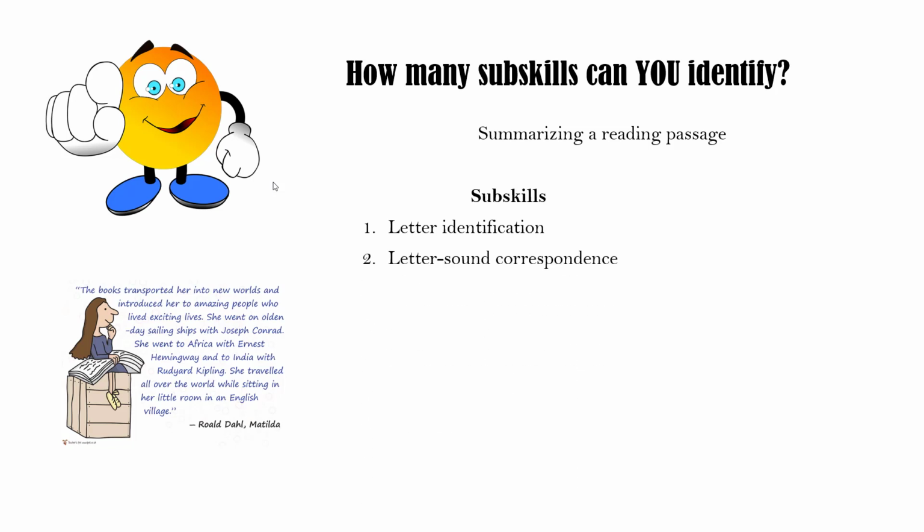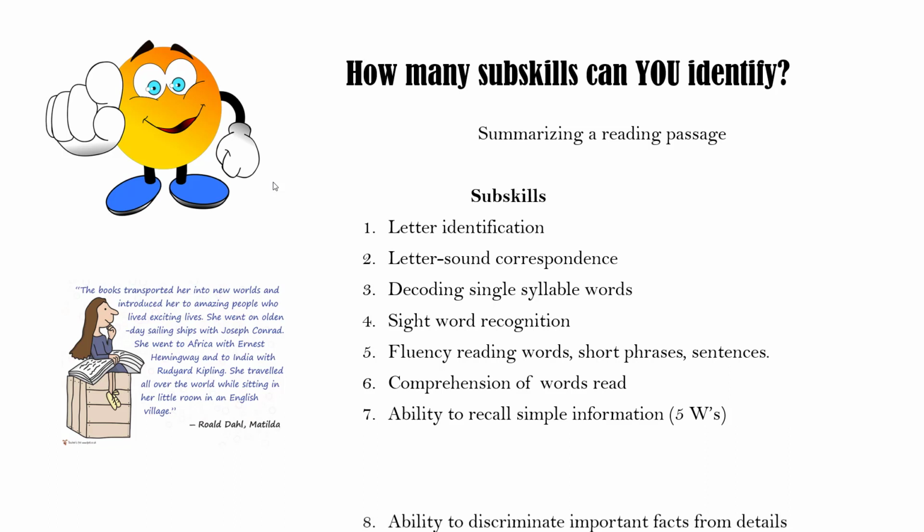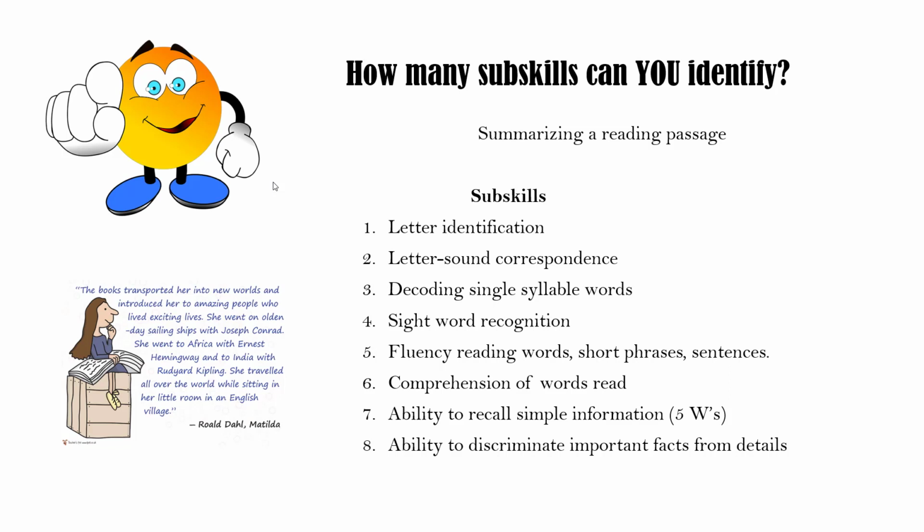Letter identification, letter sound correspondence, decoding single syllable words, sight word recognition, fluency reading, comprehension of words read, ability to recall information, the 5 W's, who, what, when, where, why, the ability to discriminate important facts from details, and things like that. And so those are two academic examples, the 3-digit math problems and then summarizing a reading passage.